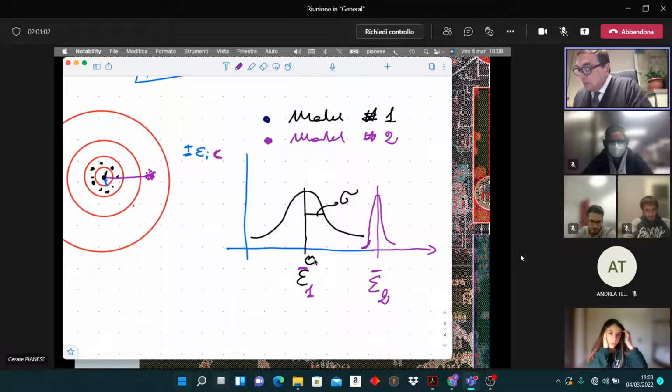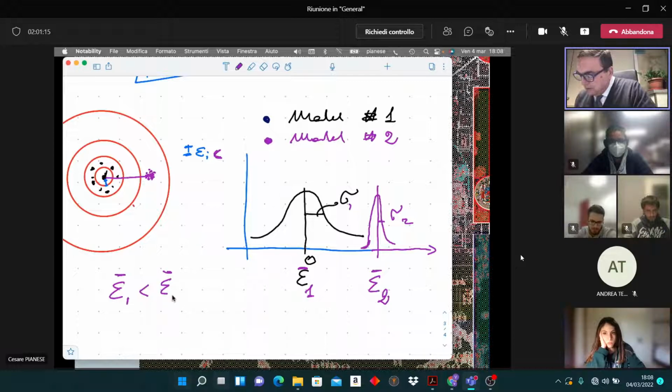Okay, what does it mean? This is sigma 1, this is sigma 2, so epsilon average 1 is less than epsilon average 2. This is equal to 0, let's say. Then sigma 1 is greater than sigma 2.